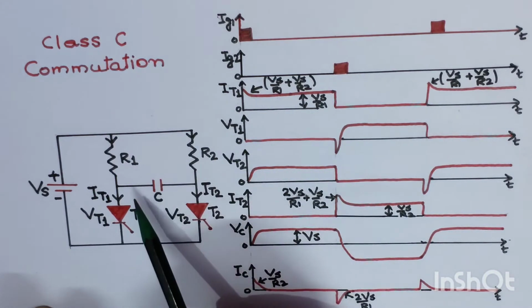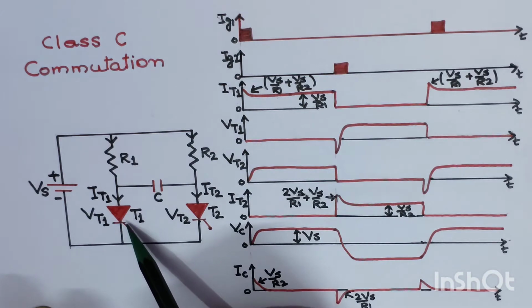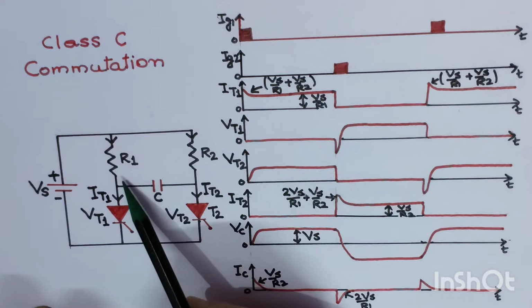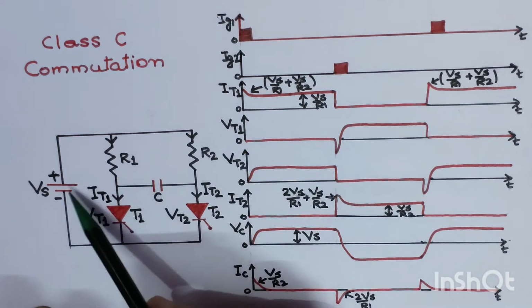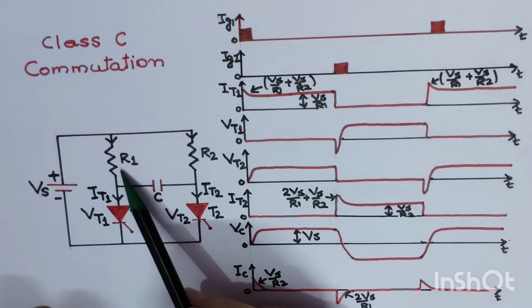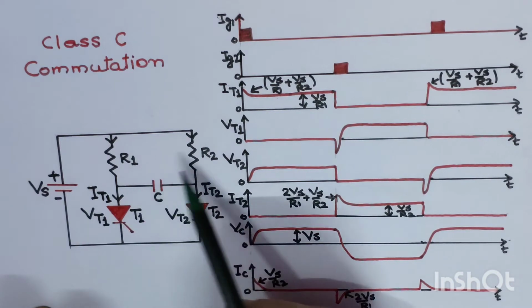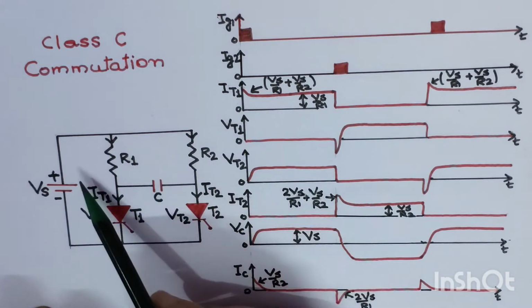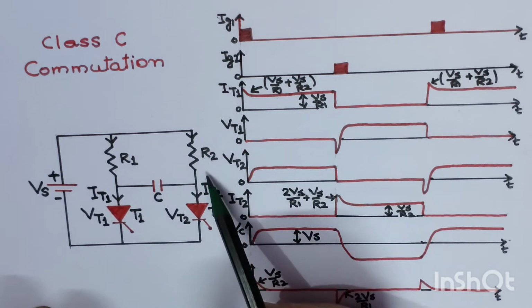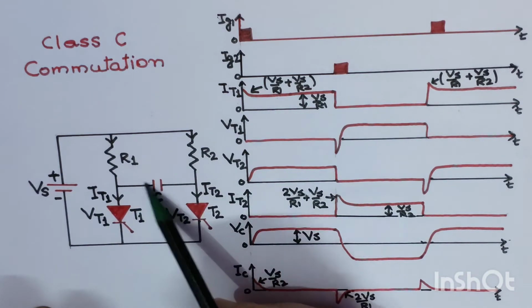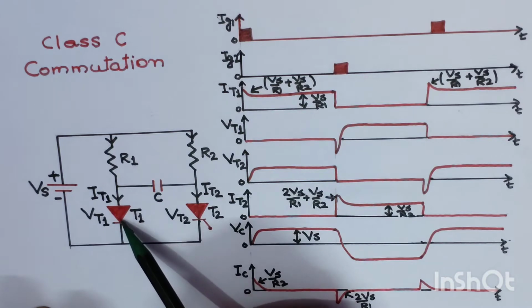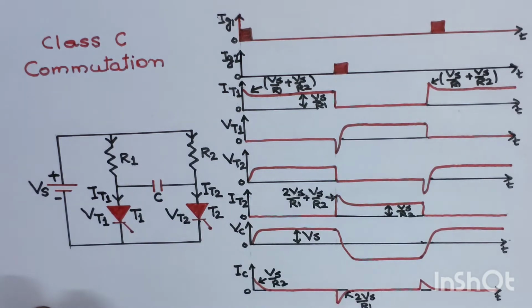So two currents are flowing initially across the thyristor T1. Through resistance R1 there will be a current Vs upon R1, and through the second loop, a current Vs upon R2 will be flowing through the capacitor, and both are combined flowing through the thyristor T1.